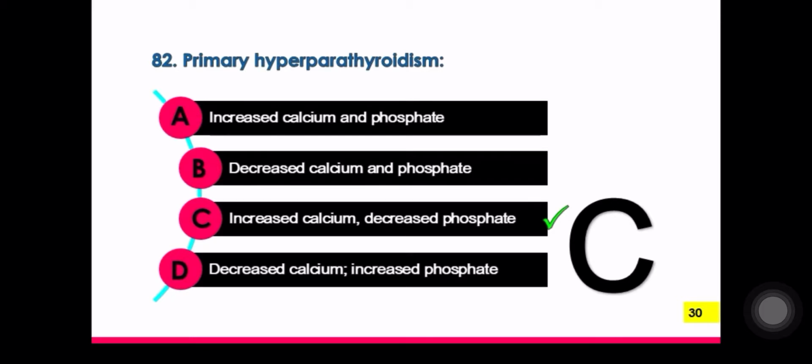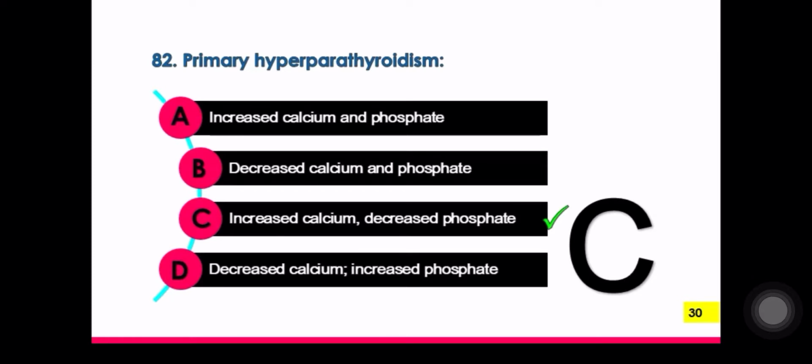Now, secondary hyperparathyroidism is a condition associated with an attempt of the body to compensate for hypocalcemic states. It is commonly seen in patients with renal failure who cannot excrete phosphorus.